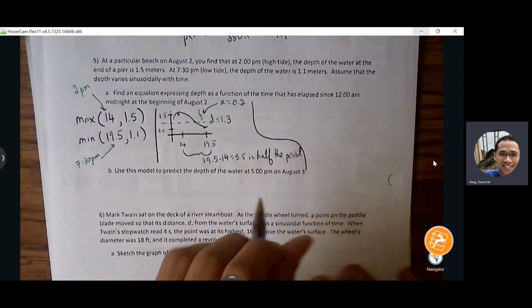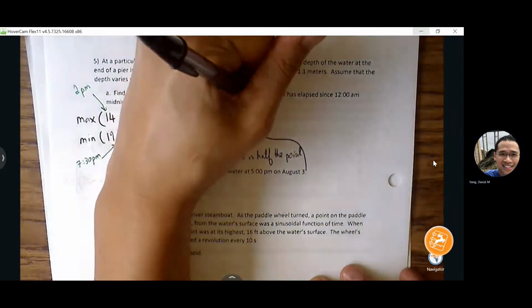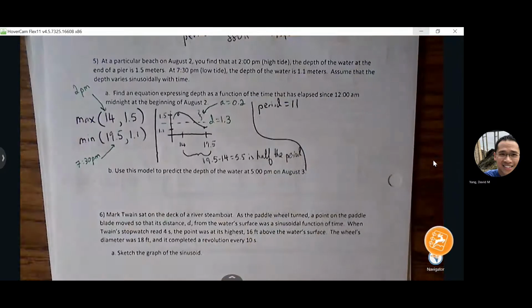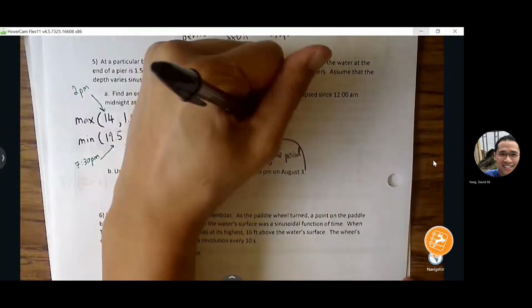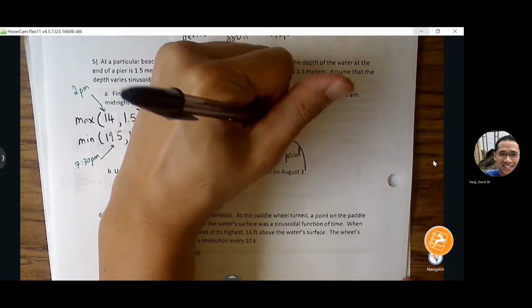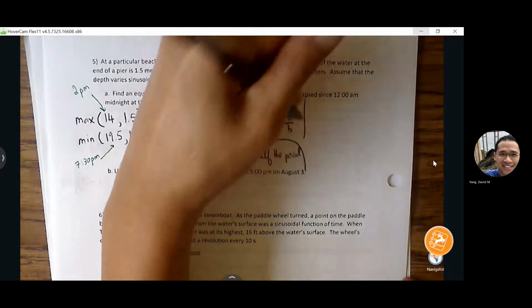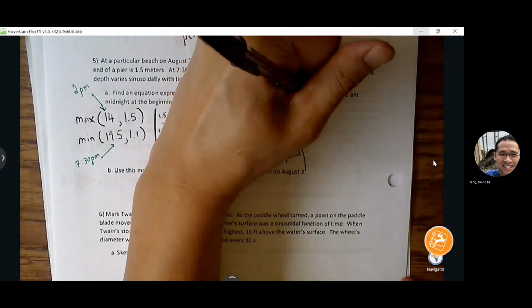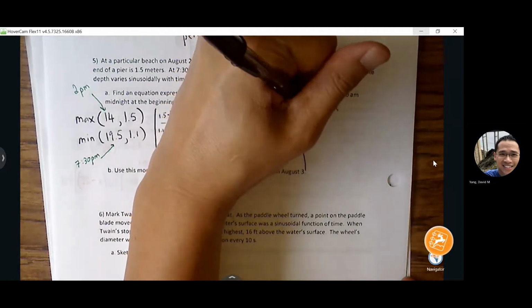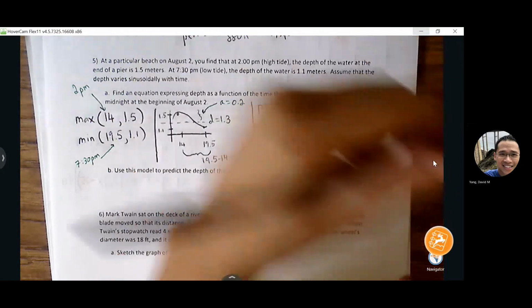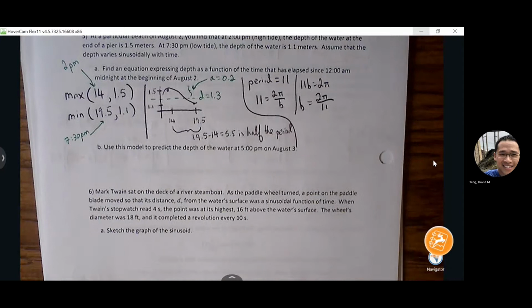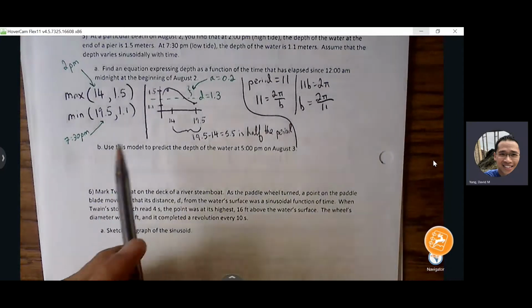So if 5.5 is half the period, we know period must be double that, 11. Everything that we need is available.